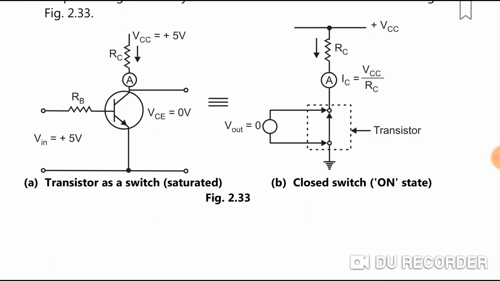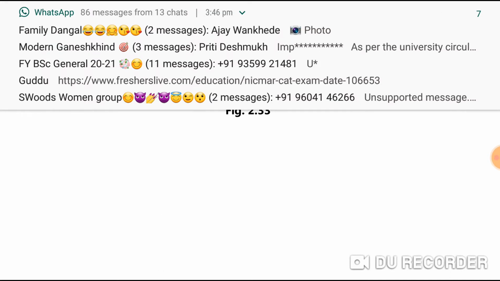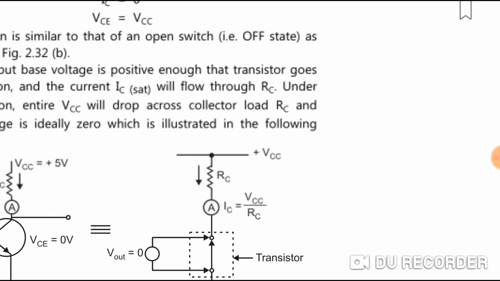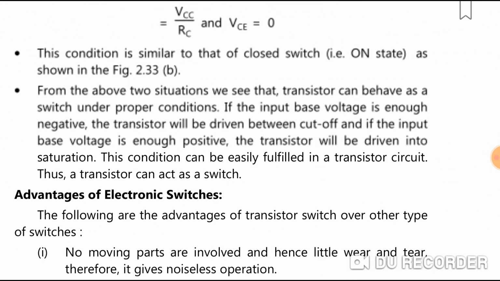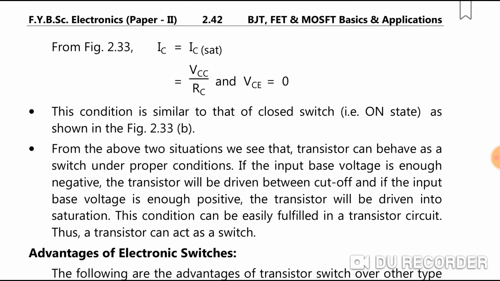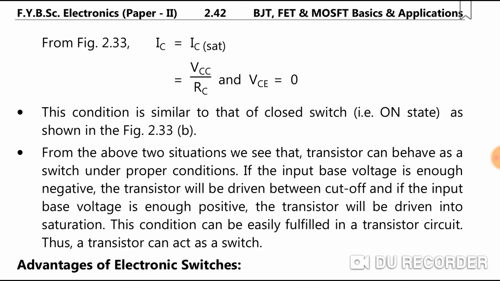You just see the 2 points are connected. Now from this figure, IC is equal to IC sat, which is VCC upon RC, and VCE is equal to 0. This condition is similar to that of a closed switch, that is the on state, as shown in the figure.